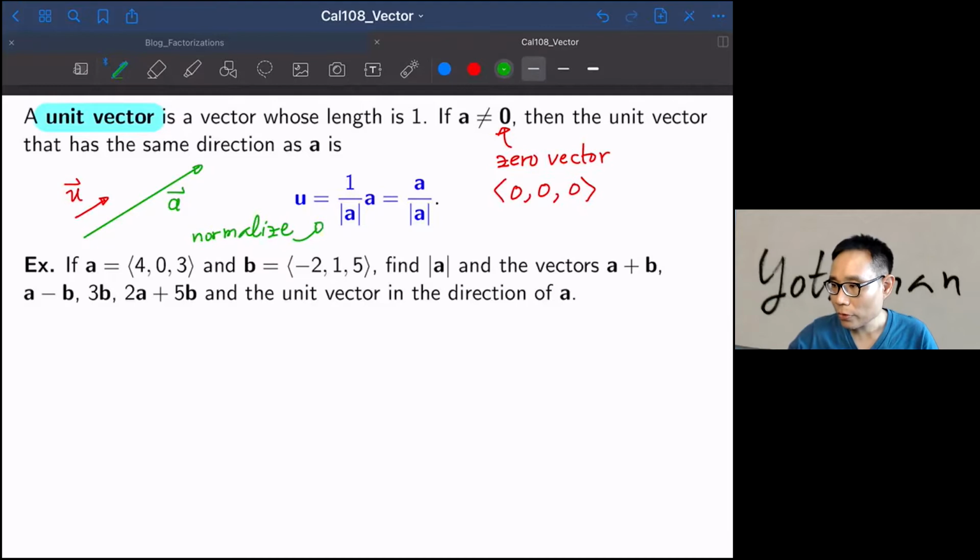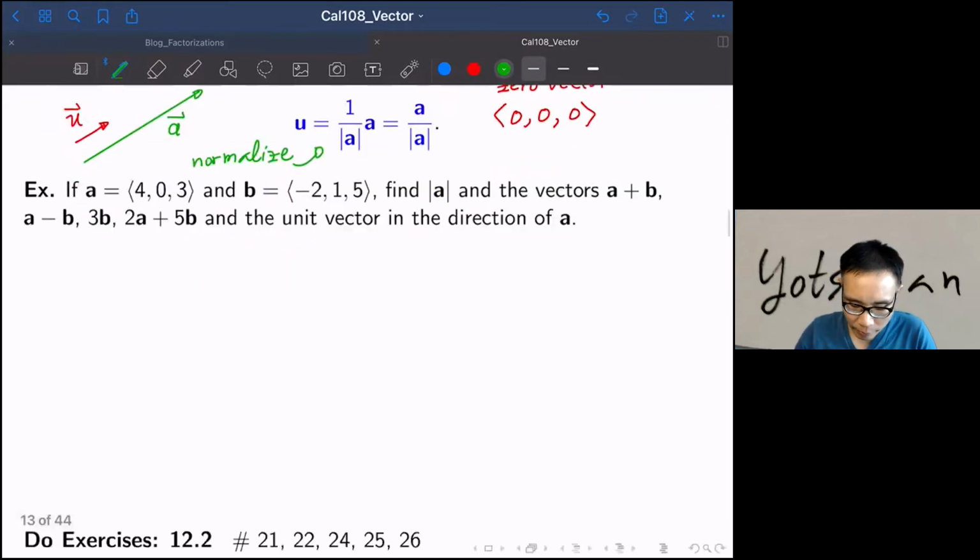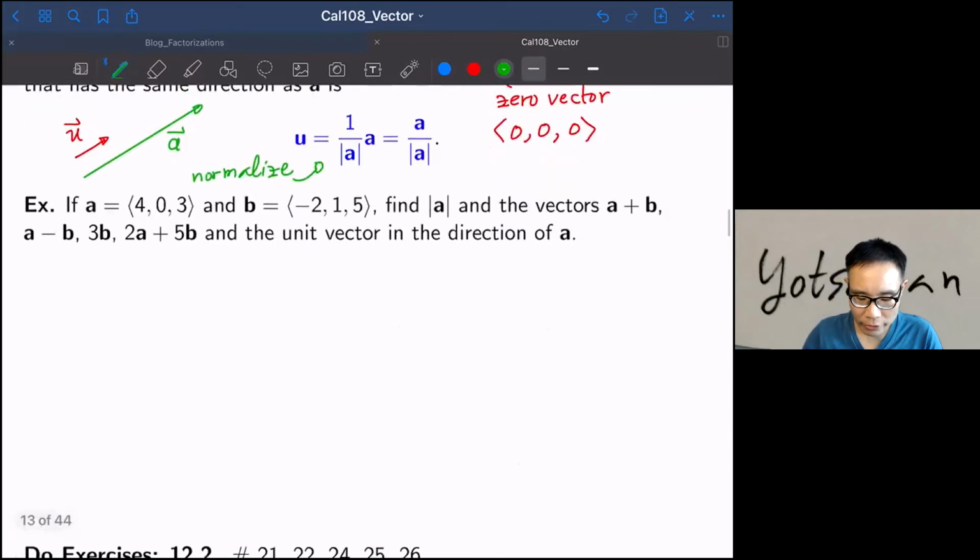Okay, so let's finish by doing some calculation here.